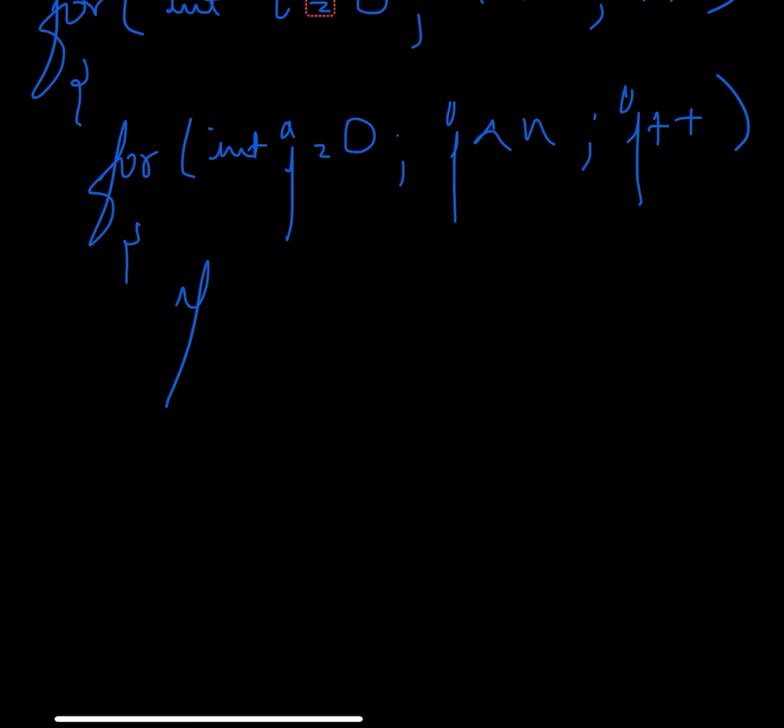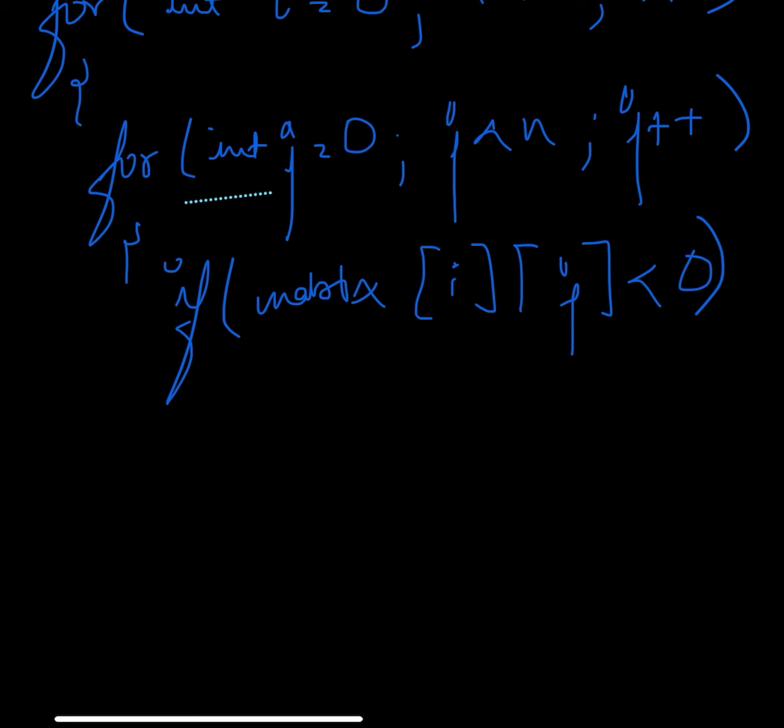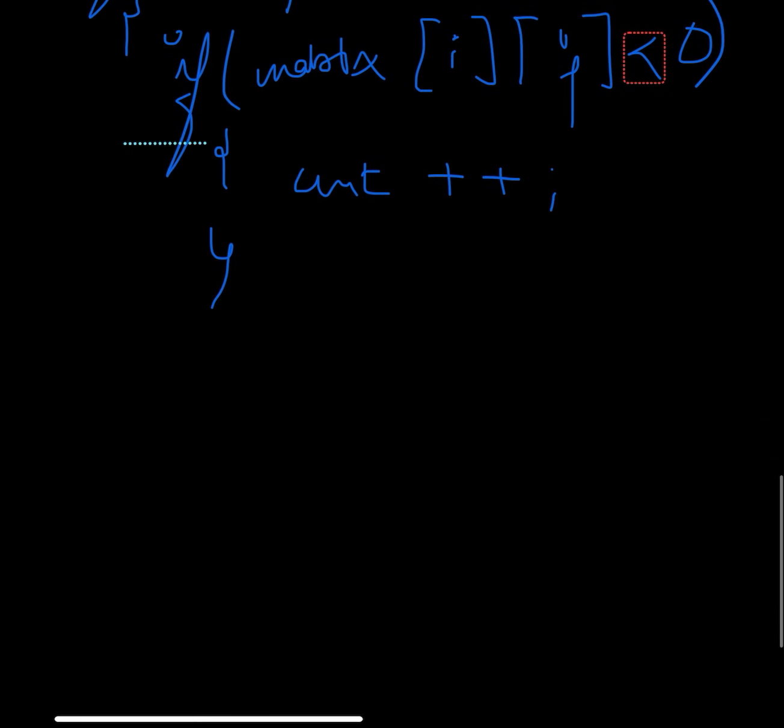If matrix of i, j is negative, then the count would be plus plus to find the total number of negative elements.